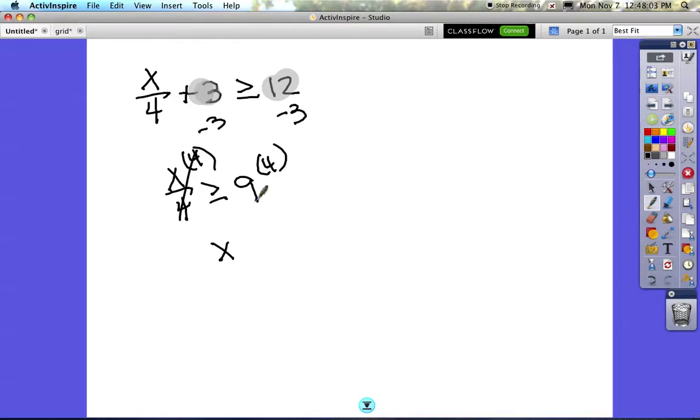So x, did I multiply by a negative? No. x is greater than or equal to 36. Now, how many of y'all, when I first put this up there, wanted to multiply by 4? Anybody admit to wanting to multiply by 4? Okay, you absolutely can. But don't mistake multiplying it one time on the left and one time on the right.